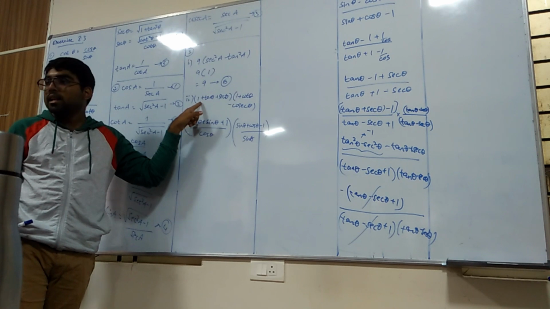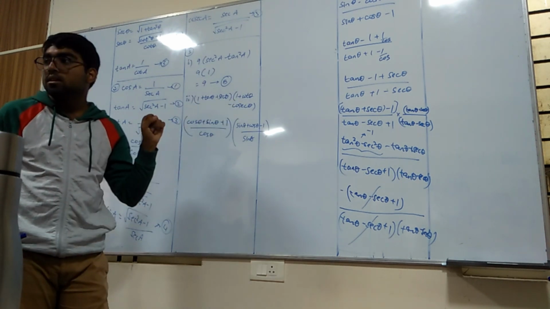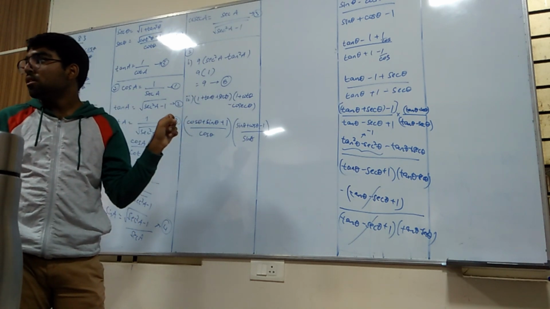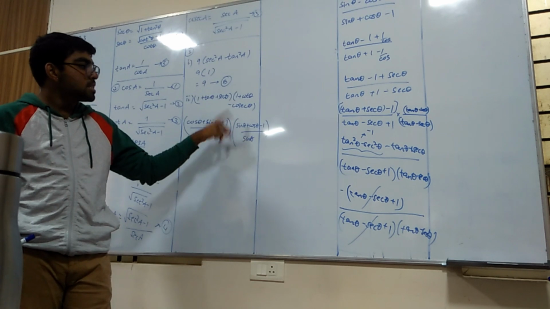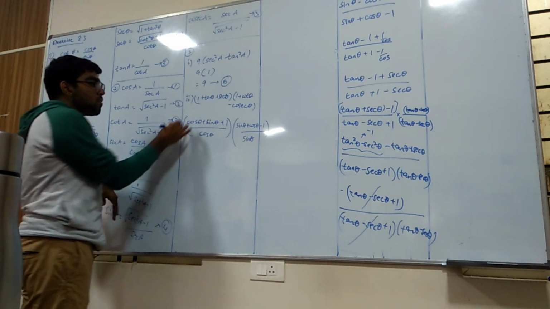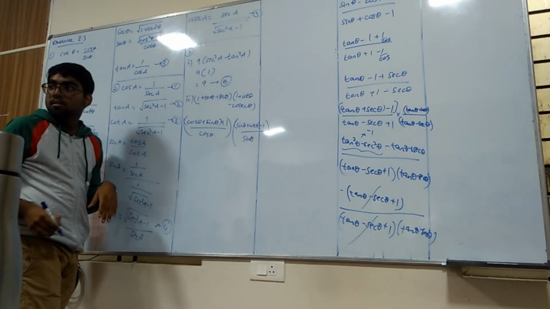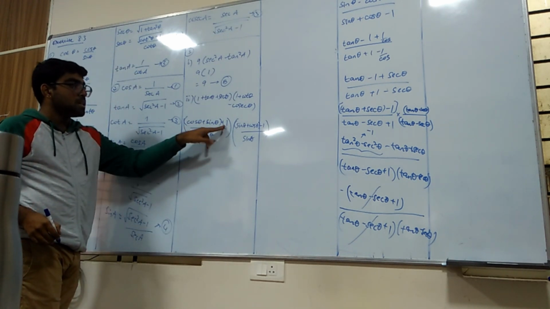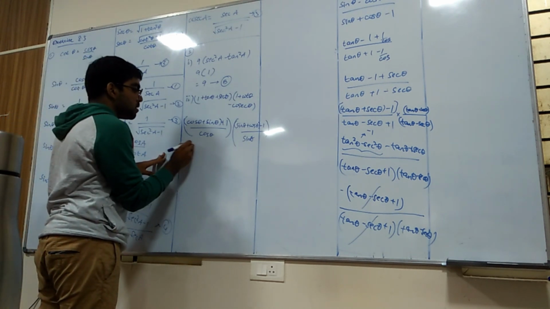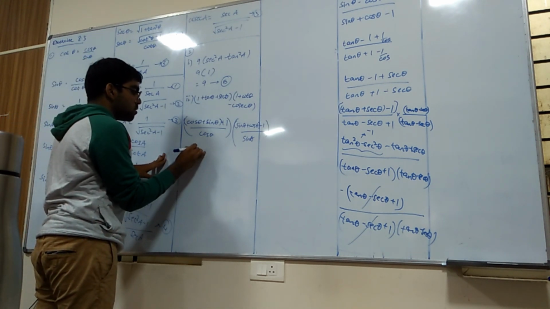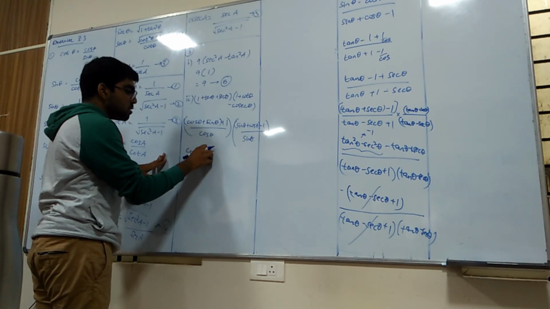So here, take the LCM. Cot is 1 by tan, cos by sin. What is cosecant? 1 by sin. So take sin out. So it is in the form of a plus b into a minus b, which is a square minus b square. Expand it.